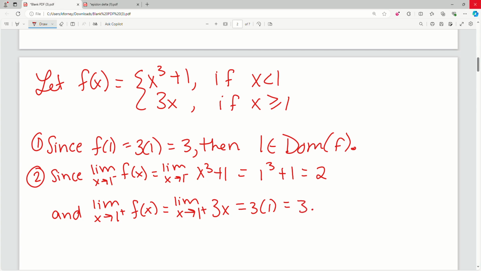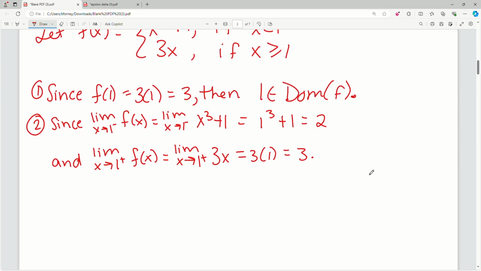Since they are not equal, that means what? The limit as x approaches 1 of f of x does not exist.